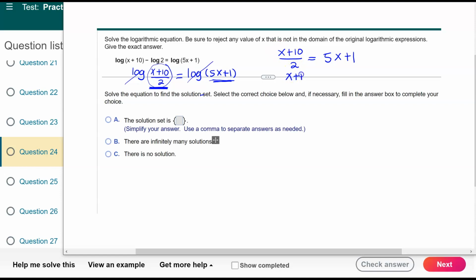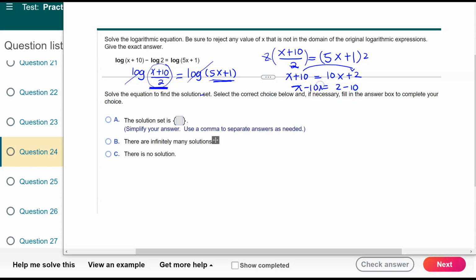So you have x plus 10. If you multiply this by 2, that by 2, you cancel 2 here. Then you have 10x plus 2. Then you move 10 to the other side. That's negative, that would be x minus 10. And then move this 10 on this side here. That's 2 minus 10.